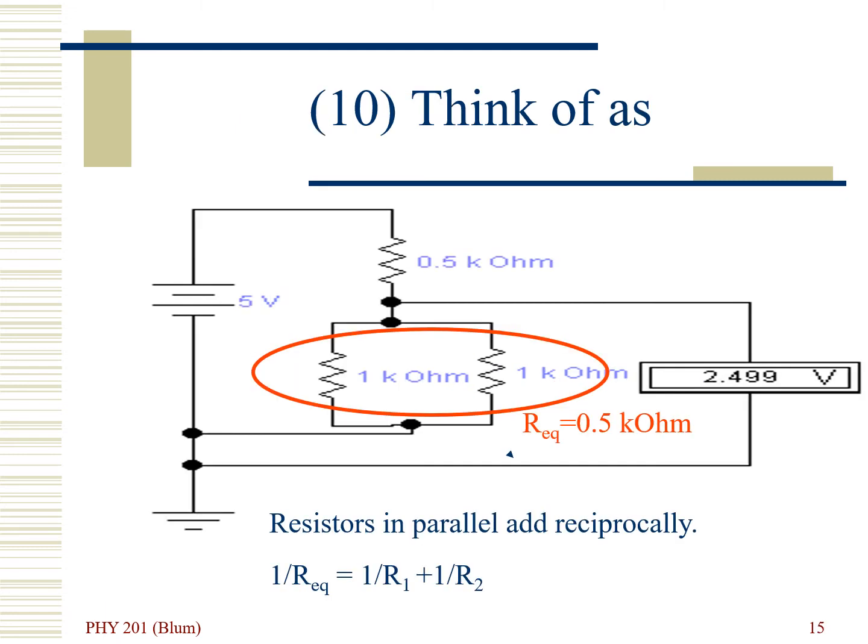So for the input of 1, 0, which was switch B high and switch A low, the 2 1 kilo ohm resistors were in parallel. 2 1 kilo ohm resistors in parallel, adding reciprocally as resistors in parallel do, result in a half a kilo ohm.